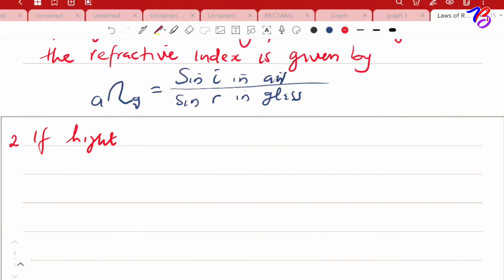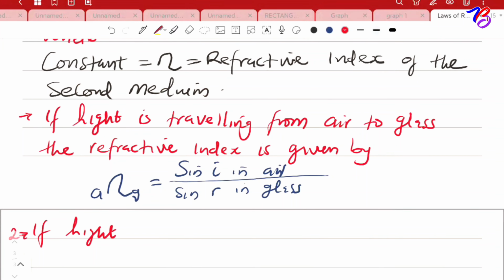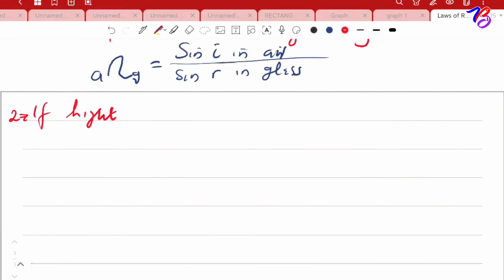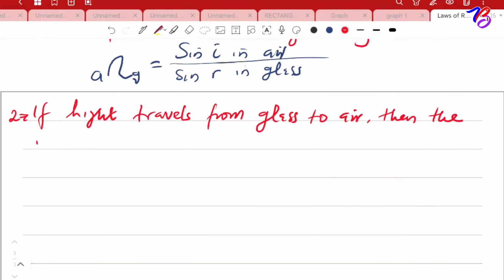So what about if light, that's the second one now. This is the first, we have three of them, the triune explanation. If light travels from glass to air, you see, this is the reverse of the first. So what will be your formula?